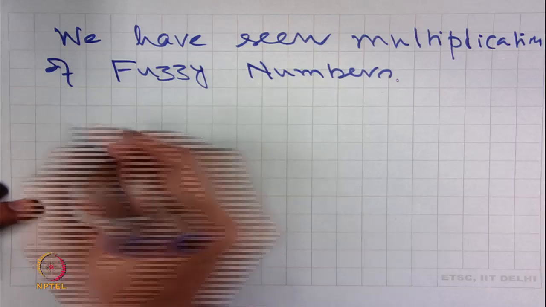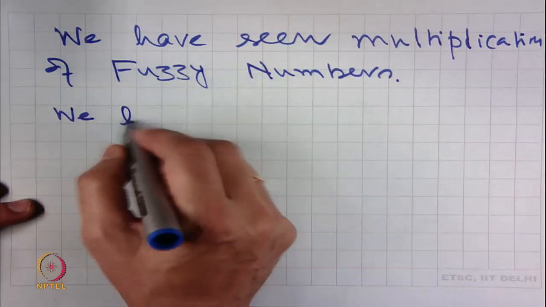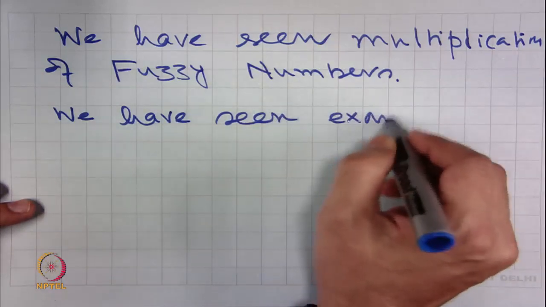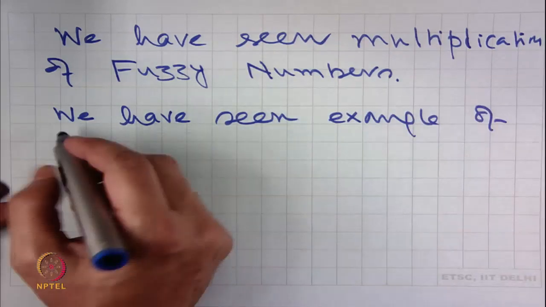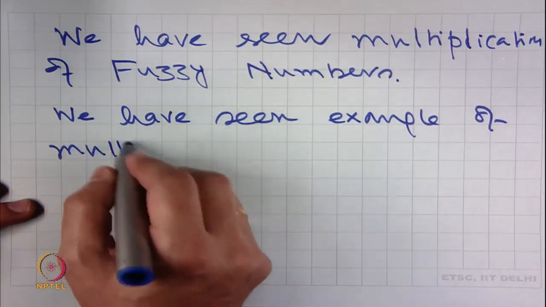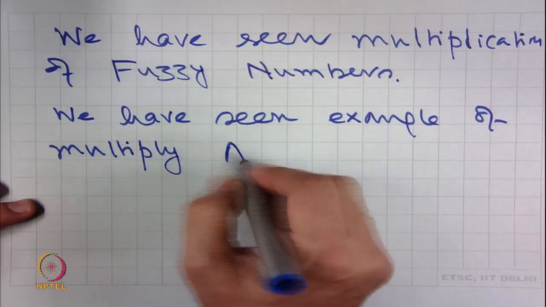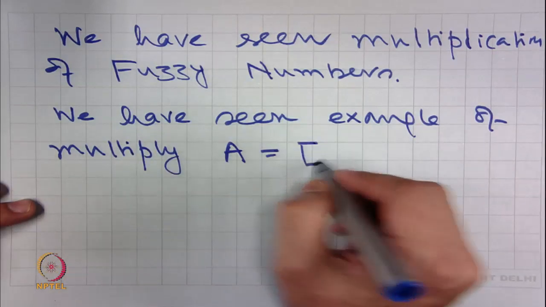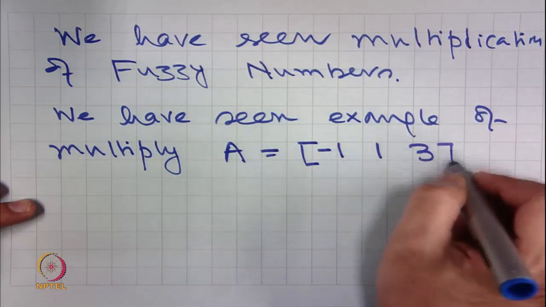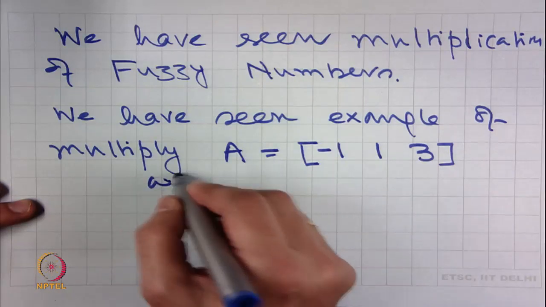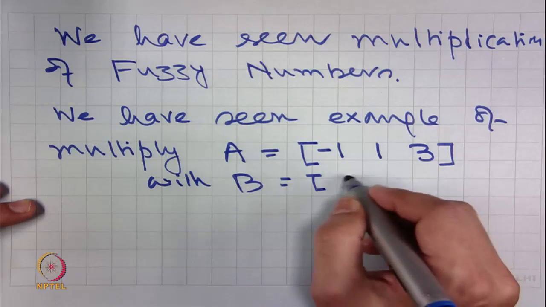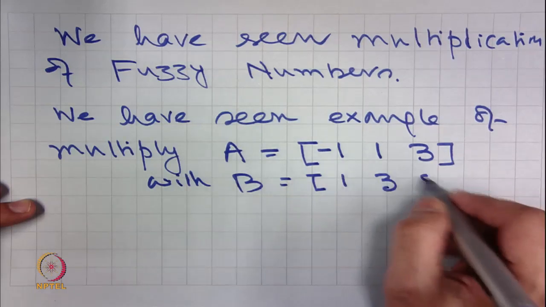In particular, we have seen the example of multiplying A, which is equal to the triangular fuzzy number minus 1, 1, 3, with B, which is equal to 1, 3 and 5.